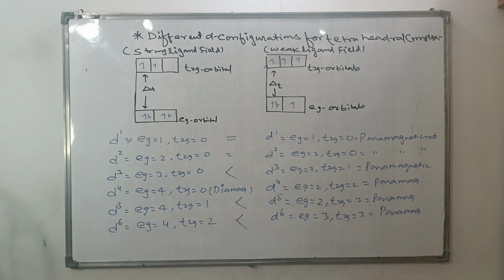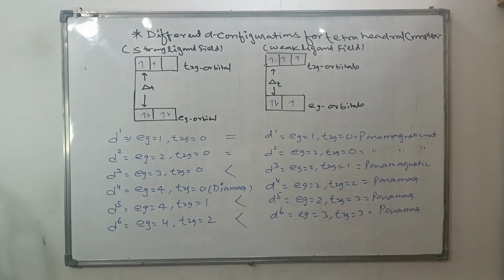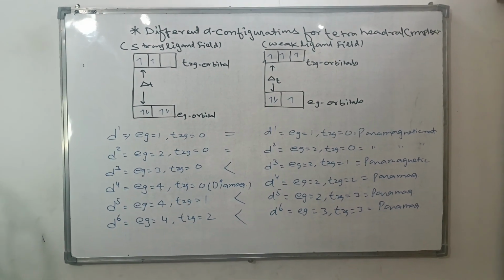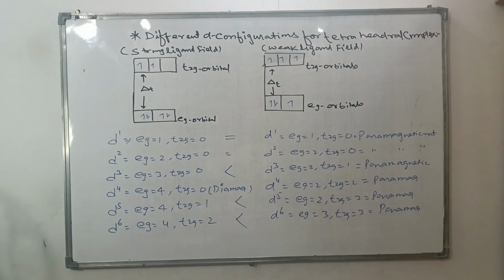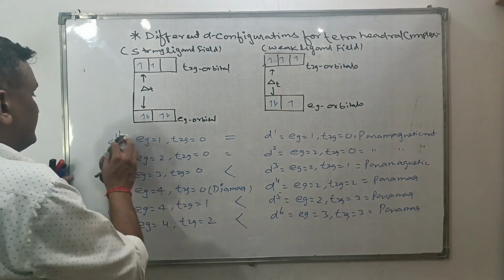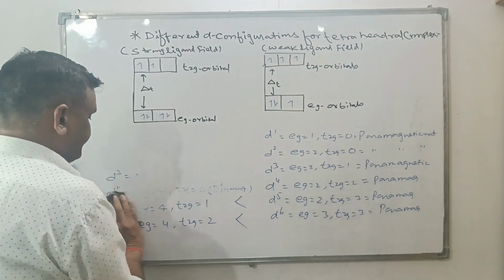Read the entire matter properly because it's too important, and this is the last CFT for the tetrahedral complexes and the configuration also. So now the time to discuss d7 to d10 electronic configuration.